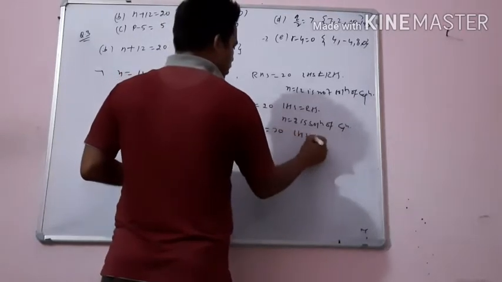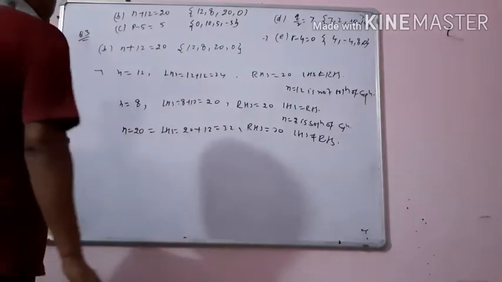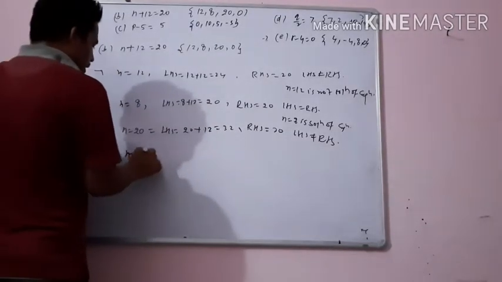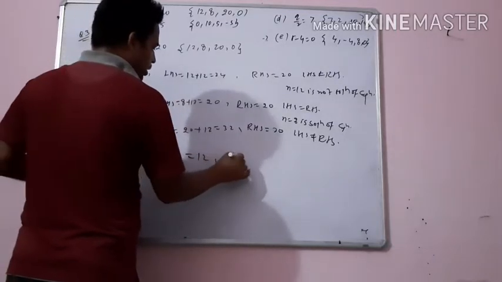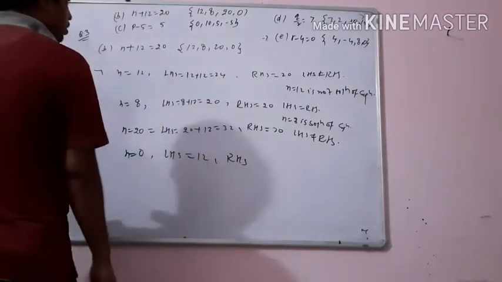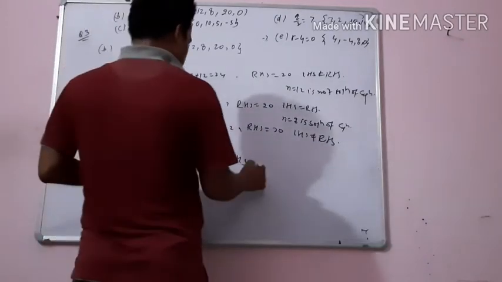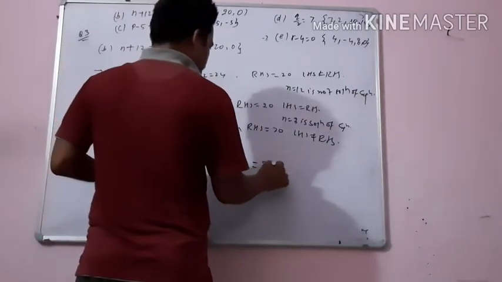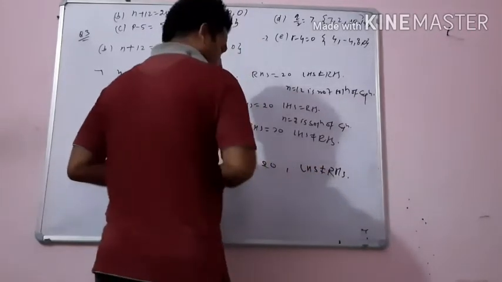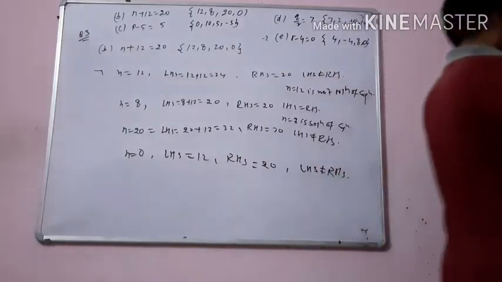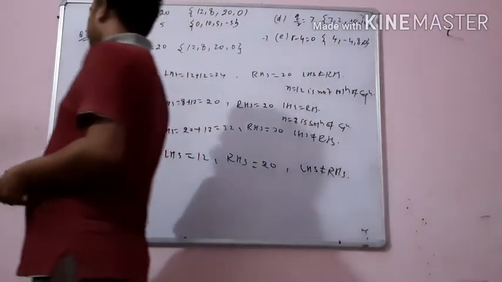So LHS not equals to RHS. Take n equals 0, LHS equals 12 and RHS equals 20. LHS not equals to RHS. So for this B, the solution is n equals 8.